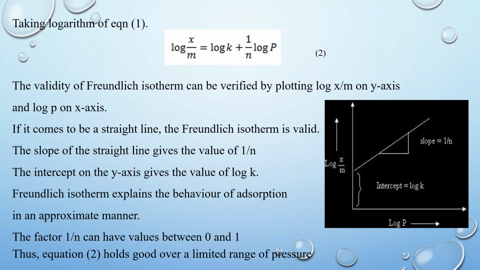The slope of the straight line gives the value of 1 by n and the intercept on the y-axis gives the value of log k. So the Freundlich isotherm explains the behavior of adsorption in an appropriate manner. The factor 1 by n can have values from 0 to 1. Hence equation 2 holds good only over a limited range of pressure.